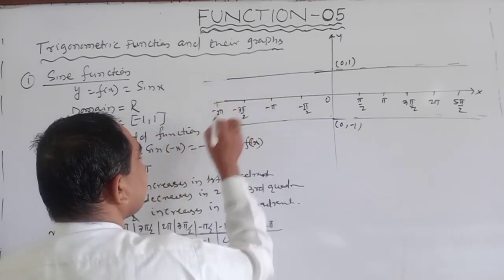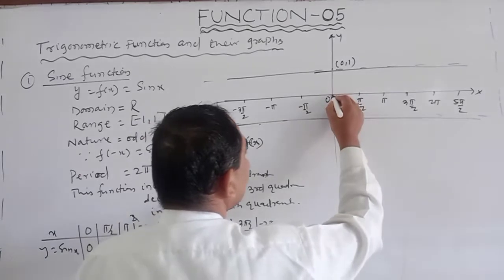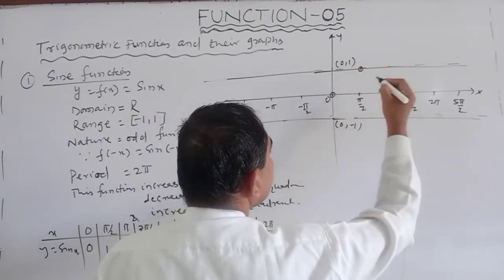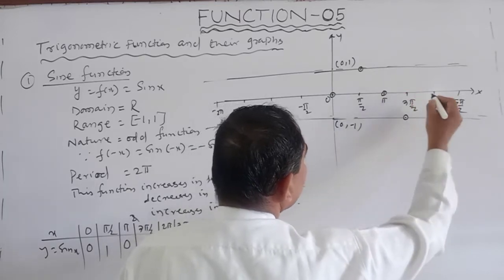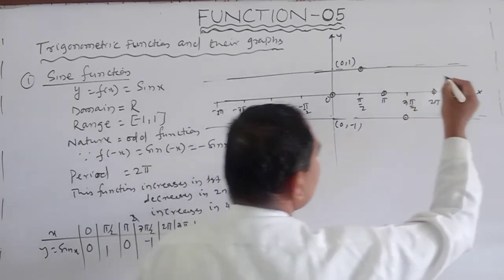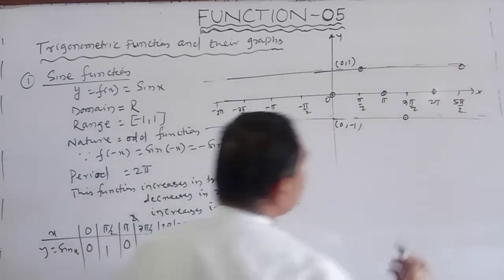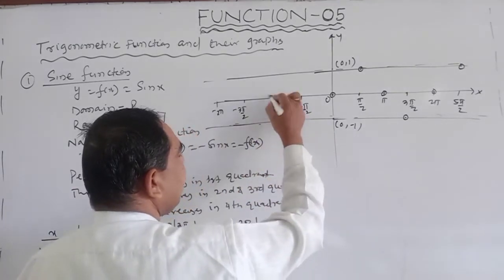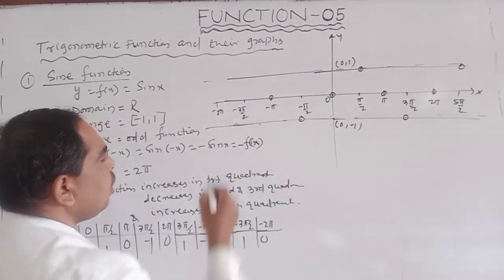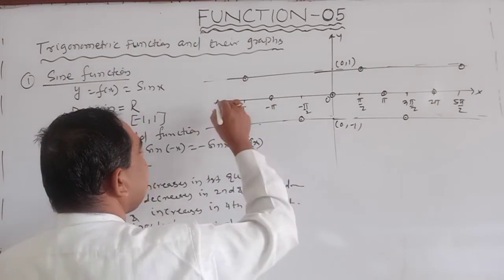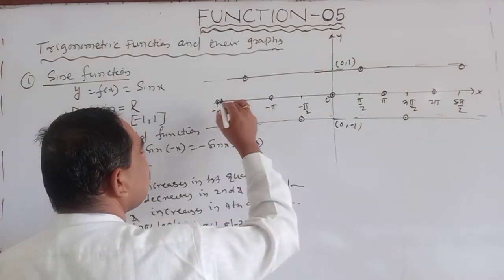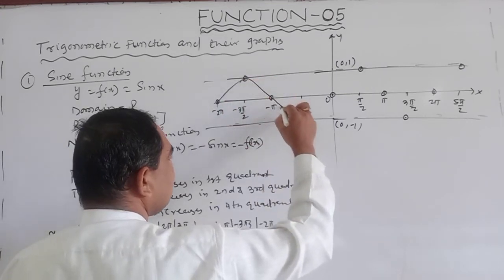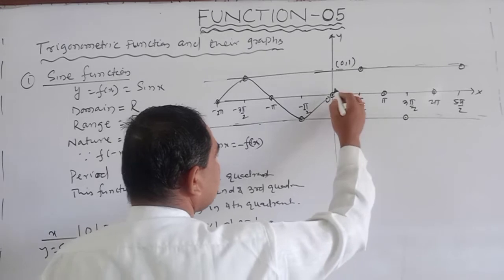Okay, so sin 0 is 0 at this point, sin pi by 2 is 1, sin pi is 0, sin 3 pi by 2 is minus 1, sin 2 pi is 0, sin 5 pi by 2 is plus 1. Then sin minus pi by 2 is minus 1, sin minus pi is 0, sin minus 3 pi by 2 is plus 1, sin minus 2 pi is 0. So join them, we have joined the graph. So this is our sine curve.